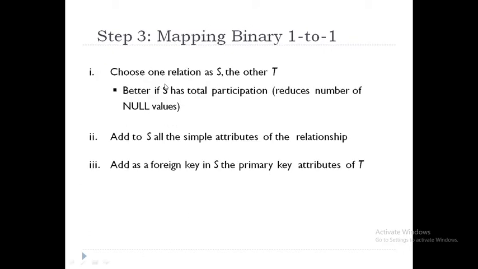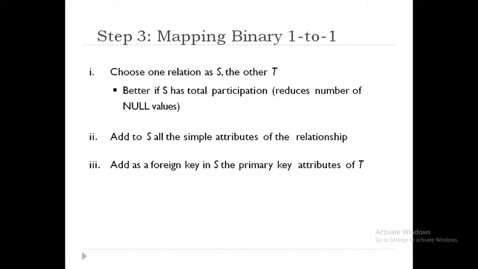Now, how will this mapping be done? First, choose one relation as S, the other as T. Okay, so when you are selecting, you have to include the foreign key, right? So in which relation do you include the foreign key? It is better if you choose the entity type or the relation which is having total participation.